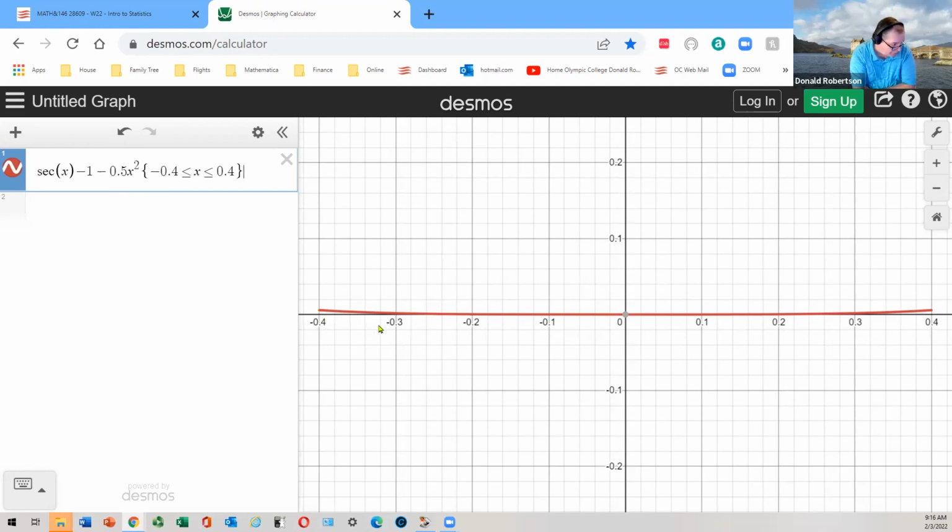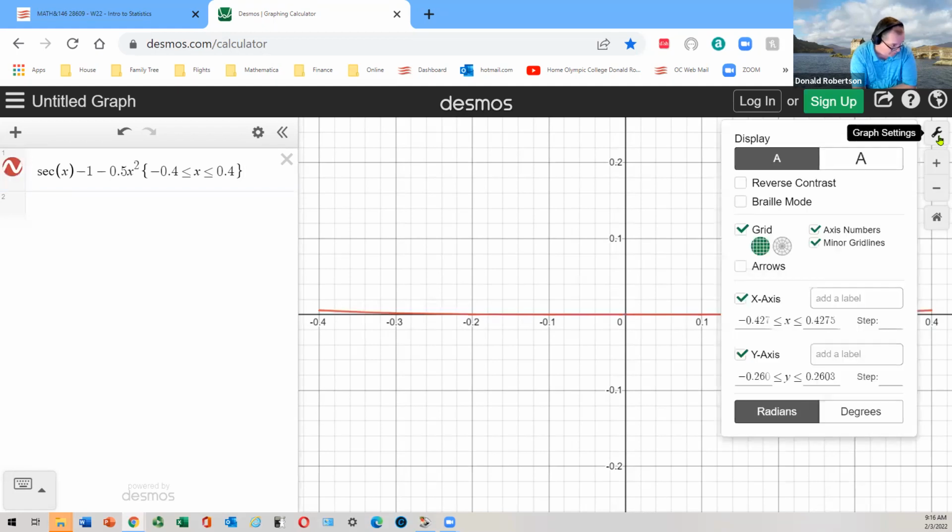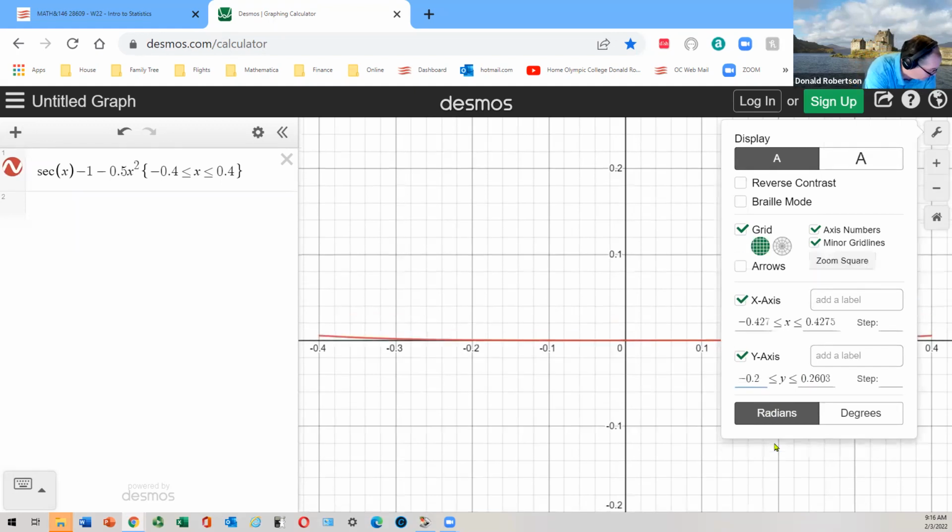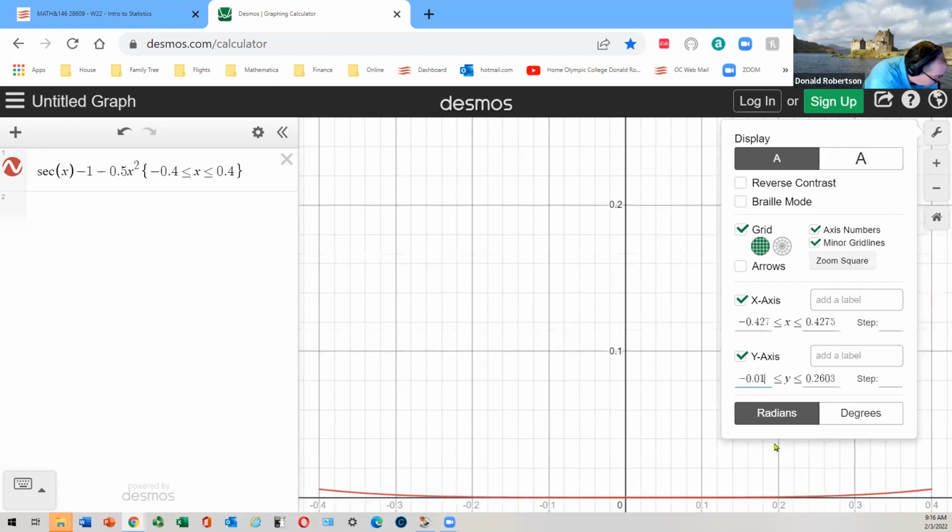Now, if you wanted to see this a little bit clearer, you can go here and tell it to do the y values in a range of numbers that maybe are a little bit smaller. So how about 0, 1 on this side and maybe 0.1 on the other side.